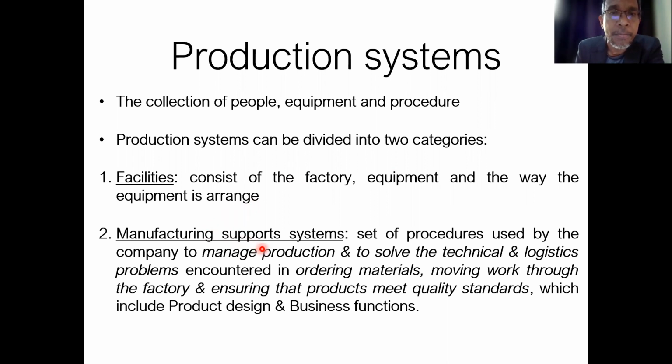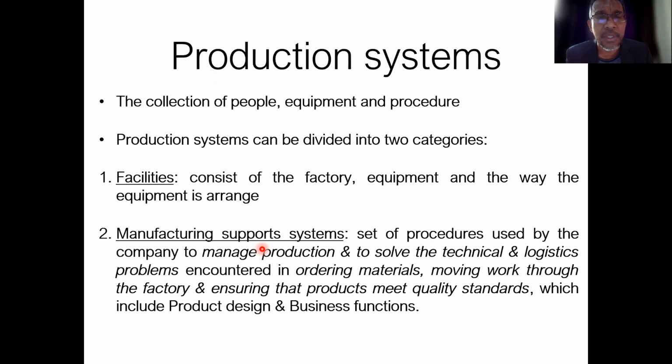We already discussed the meaning of manufacturing itself, and then the manufacturing process, which is the process to make things from the drawing. We set up several processes, and those several processes become the manufacturing system. From the manufacturing process, we have a manufacturing system, and then the production system.